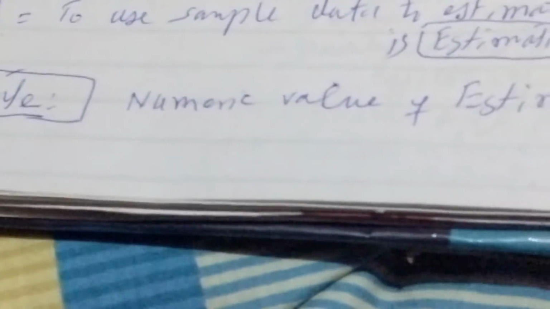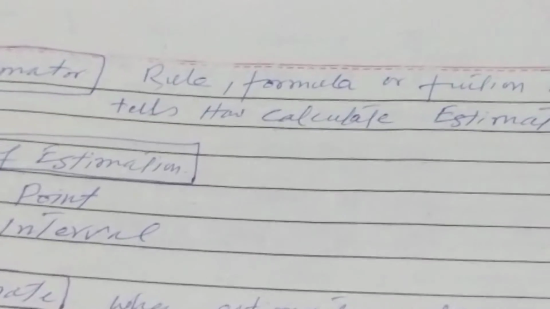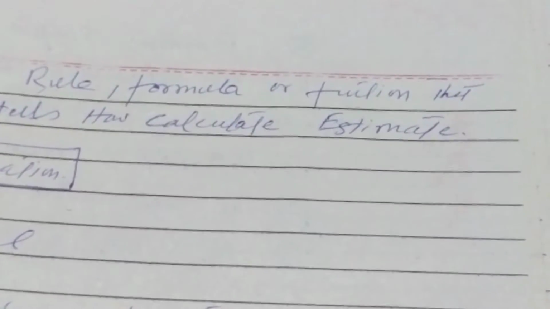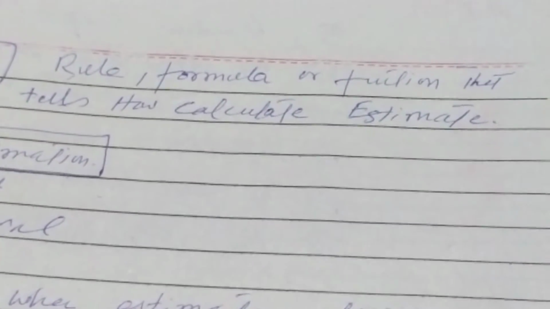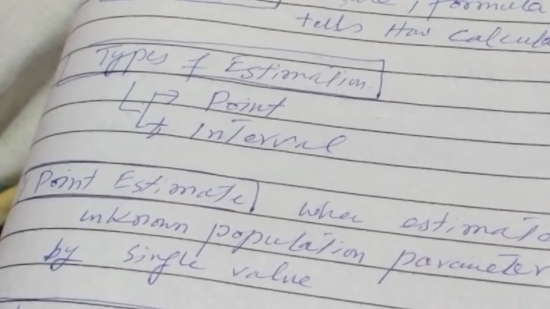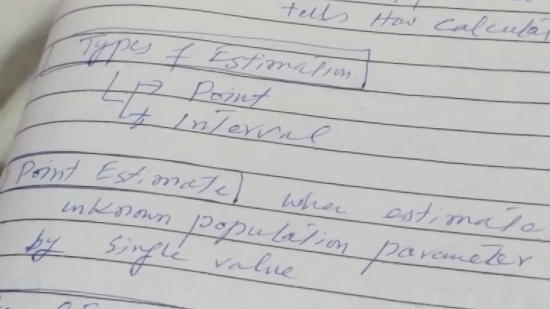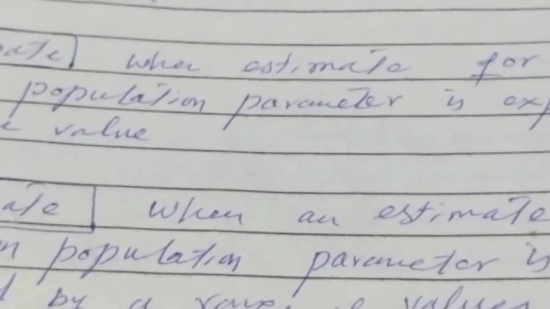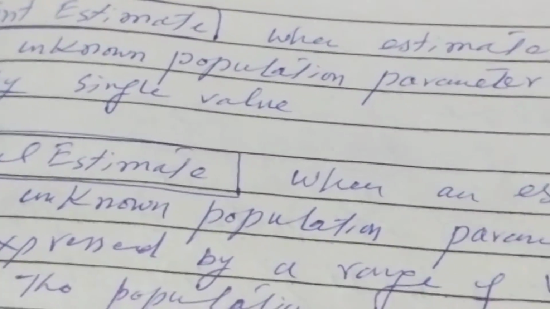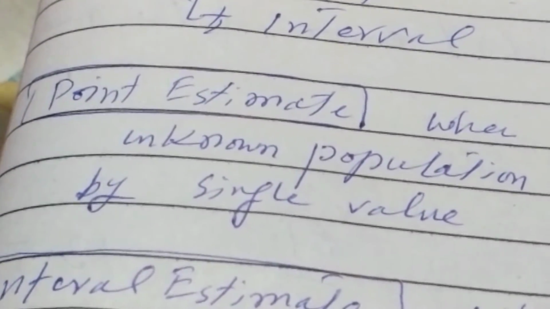Estimate is the numeric value of an estimator, whereas estimator is a rule, formula, or function that tells us how to calculate or estimate. There are two types of estimations: point estimation and interval estimation. When an estimate for an unknown population parameter is expressed by a single value, it is called a point estimate.